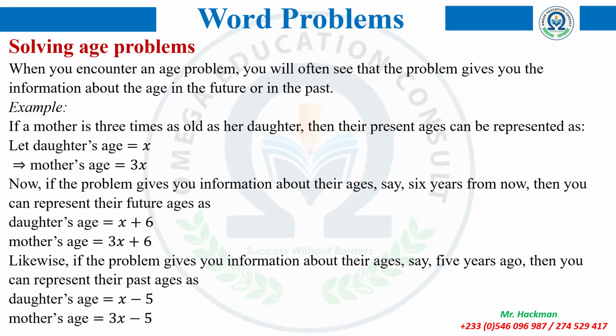It's either you add a particular age or you multiply. So you avoid subtraction and division if you represent the smaller age by the variable. And in this case, you can see that between the mother and the daughter, all other things being equal, the daughter's age will be smaller than the mother's age. Is that not it?